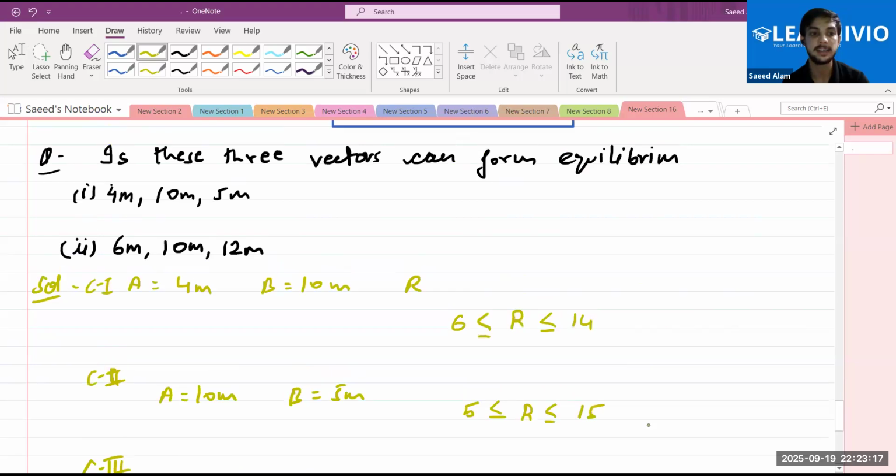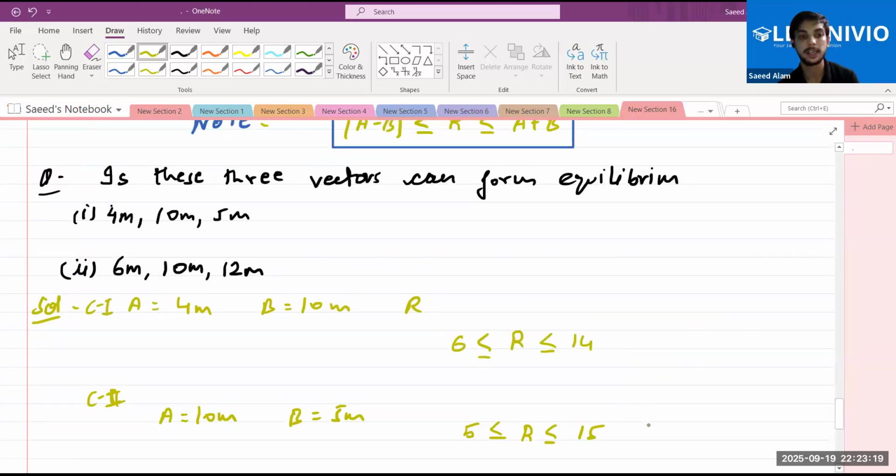Understood? So if I get the 6, 10, and 12, can this happen that you join 6, 10, and 12 and you get a triangle? Yes, it is possible. How are we deciding? We'll just sum the two smaller sides.